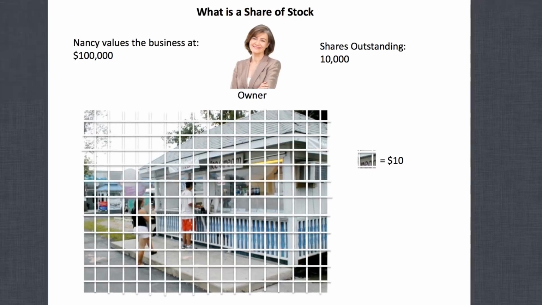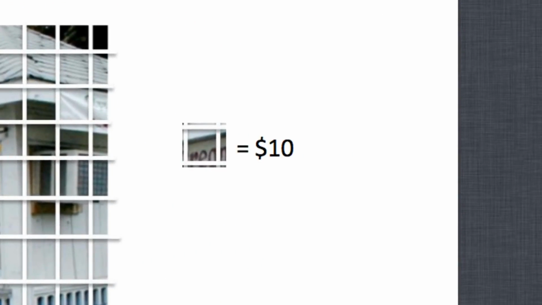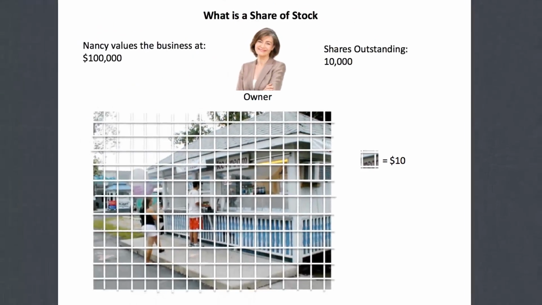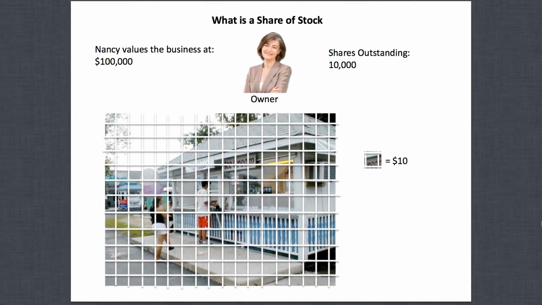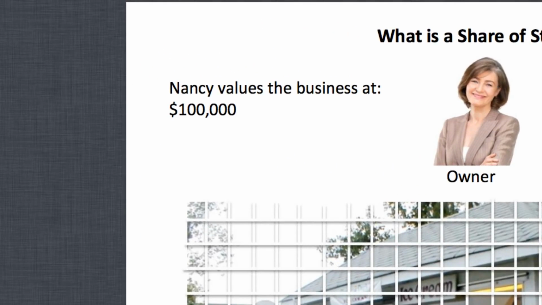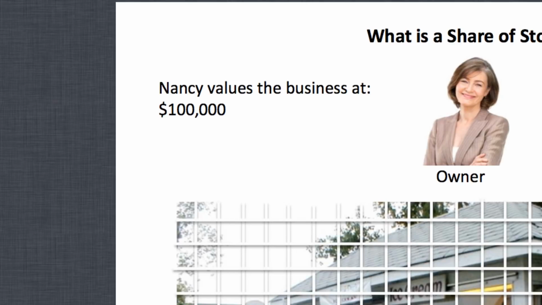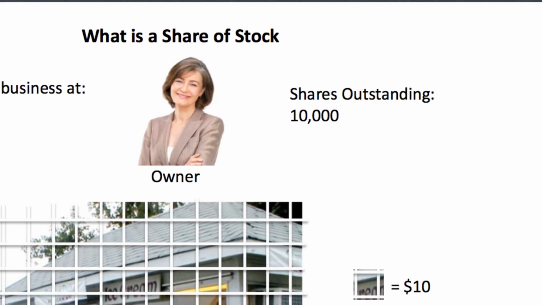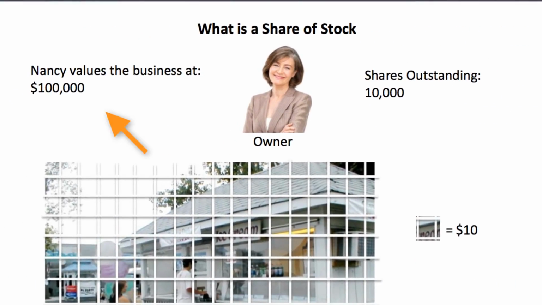And one piece of that business, which you can see as the little square there, equals $10. And the way I came up with that valuation, that market price, is we simply took the $100,000. She decided to split the business up into 10,000 shares, and therefore, if you take 100,000 divided by 10,000, that's $10 per share.